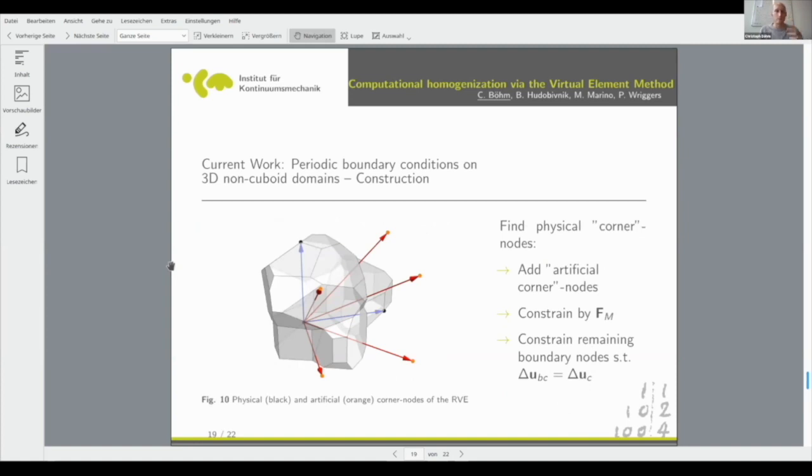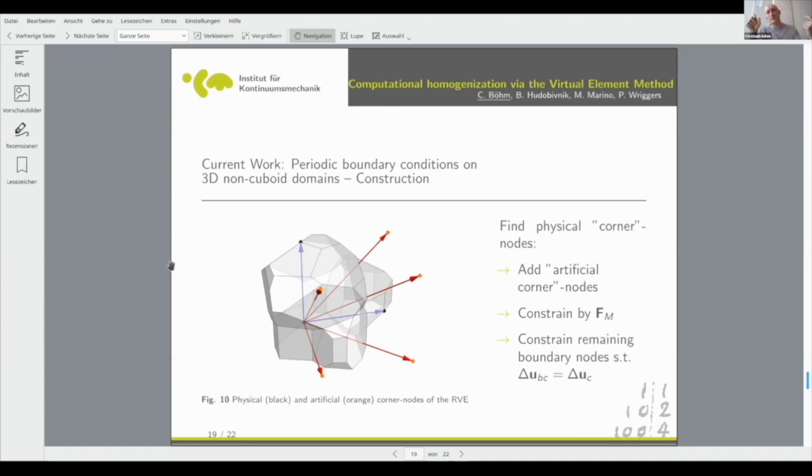How to construct that on these RVEs? You have to find on the boundary at least 3 nodes, so 2 node pairs incorporating the same node. These are these black points here, where these blue arrows are drawn. So you have 2 node pairs incorporating the same node, and then to this you add 5 nodes, arbitrarily placed, because the only thing that matters for periodic boundary conditions is the distance of 2 nodes.